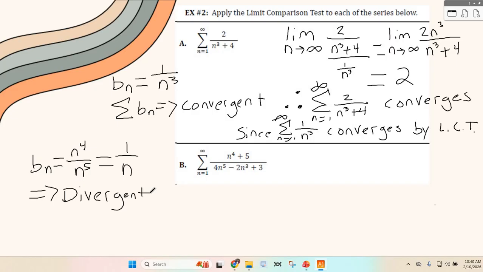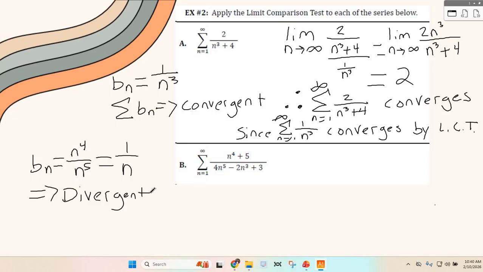Yes? So basically we're manufacturing to see, do the rest of those things really matter or not? By taking the limit of one thing divided by another, I'm saying if I divide out the biggest terms of that, do I end up with something that still goes to infinity, right?